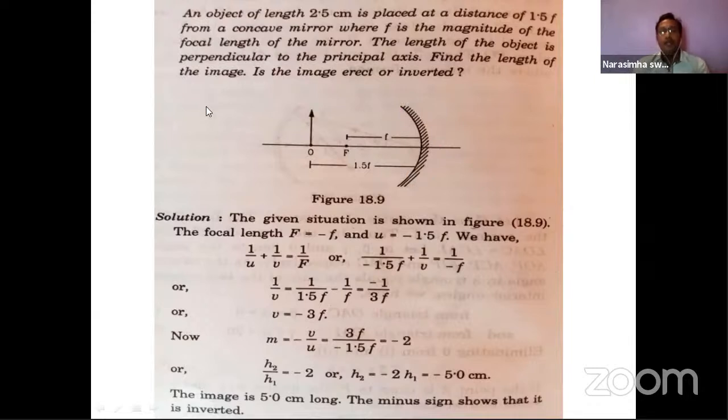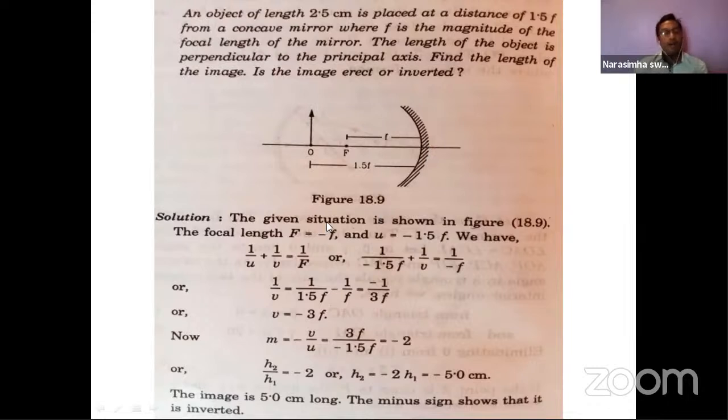We'll see. Now the given situation is like this. The focal length f is already given in the problem, that f here, and why is it minus here? The signs are taken as per the sign convention principles, that the light ray is moving in this direction because the object is here, the mirror is here. So the object rays can be drawn like this, from left to right.